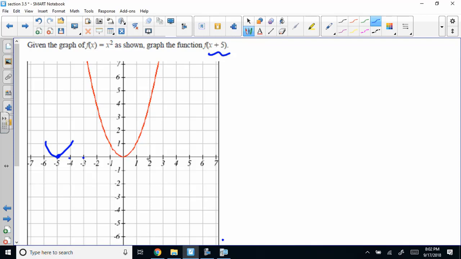So 1, 2, 3, 4, right? There. And then you have to graph it, right? And it's really not that hard. Y'all see what I done?